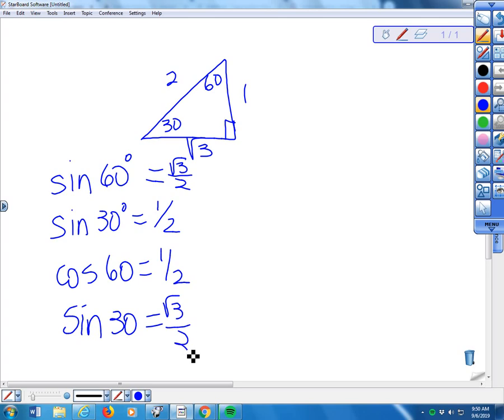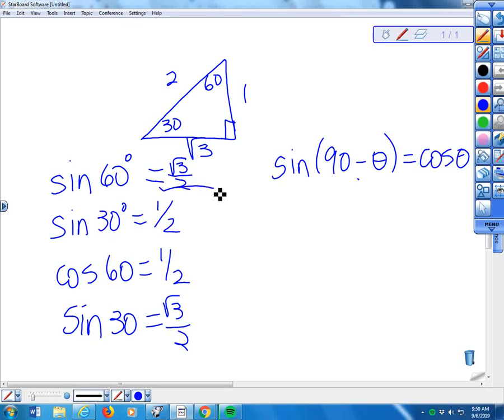So what we've figured out here is the sine of 90 minus theta is equal to cosine theta. Right? Because sine of 60 is 90 minus 30, is equal to cosine 30. I'm losing my mind.